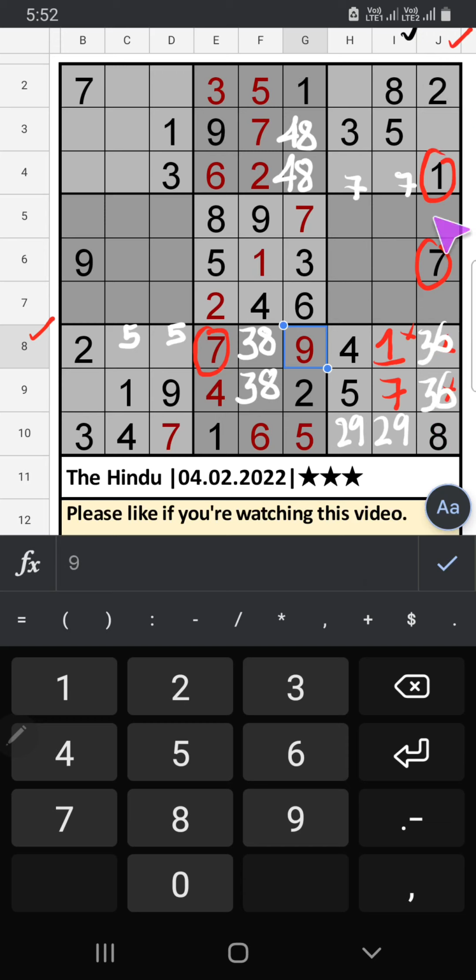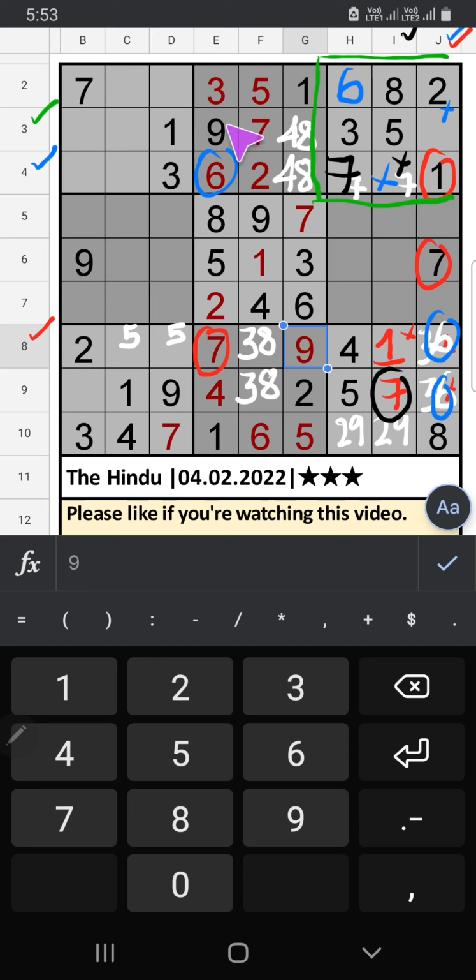Column I, we have 7. So 7 can't come in this cell, then 7 is confirmed here. 4th row on column J, we have 6. So 6 can't come in these cells, then 6 is confirmed here. 3rd grade, only 2 numbers are remaining, 4 and 9.